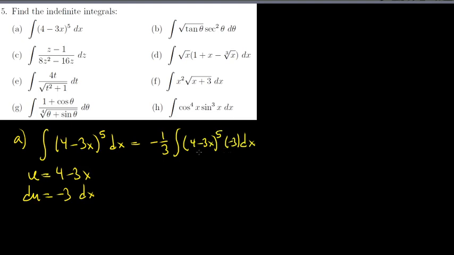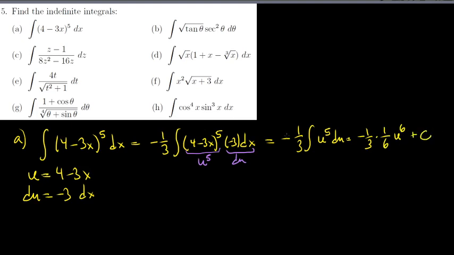So this will end up being u to the 5th power, and this is just du. We have negative 1/3 times the integral of u to the 5 du. By the power rule, this is 1 over 6 times u to the 6. Don't forget your c.